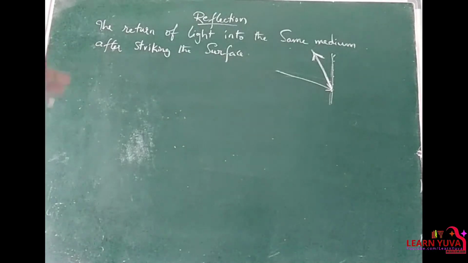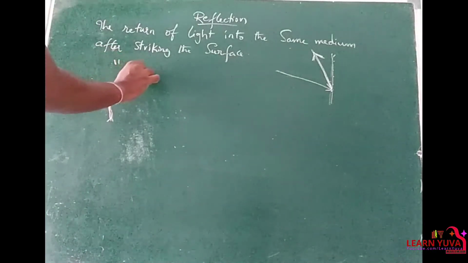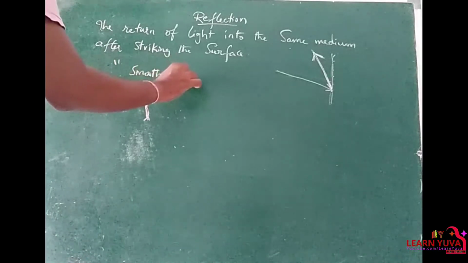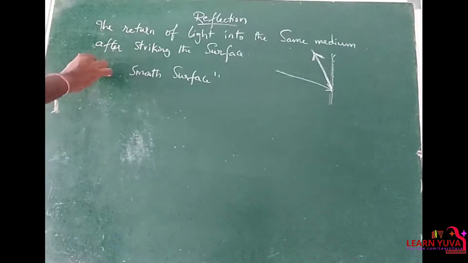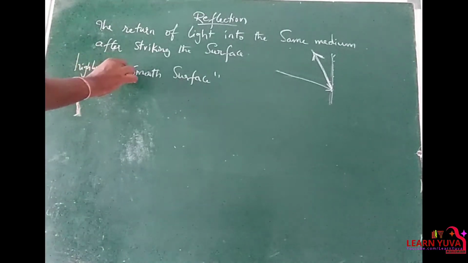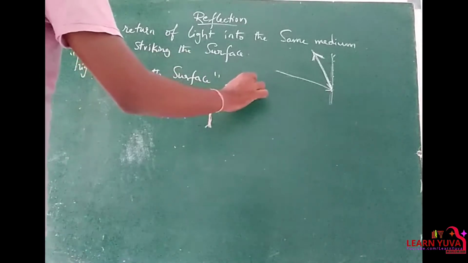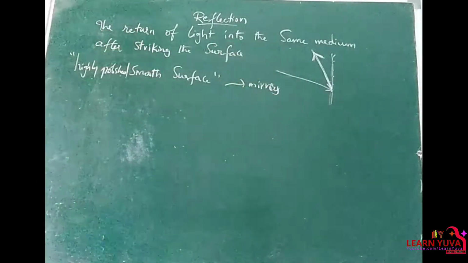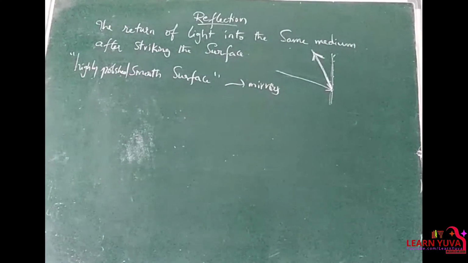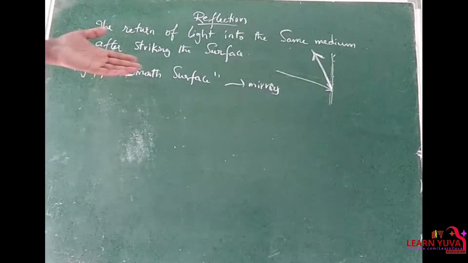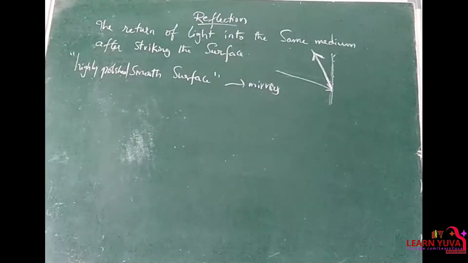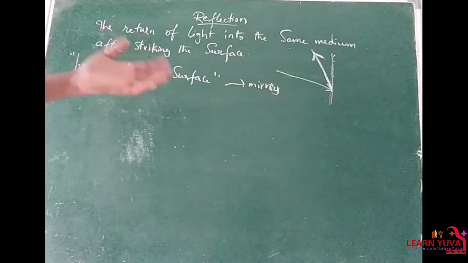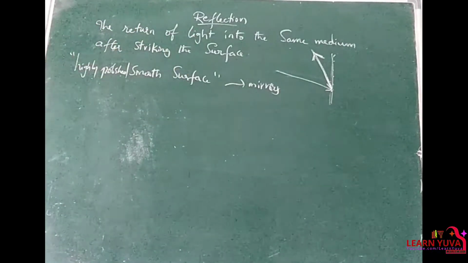This reflection is possible only for smooth surfaces, that means highly polished smooth surfaces, those are nothing but mirrors. We can see this reflection in our regular life. A best example is whenever you are seeing your face in a mirror. That is the best example for reflection of light.